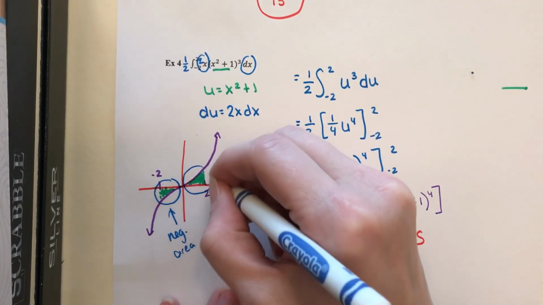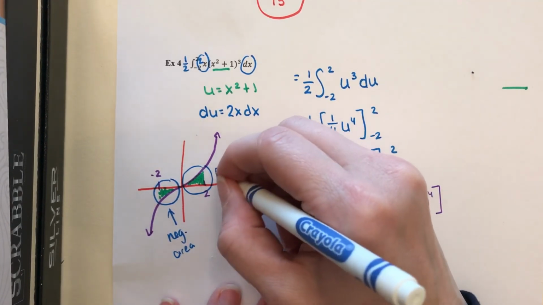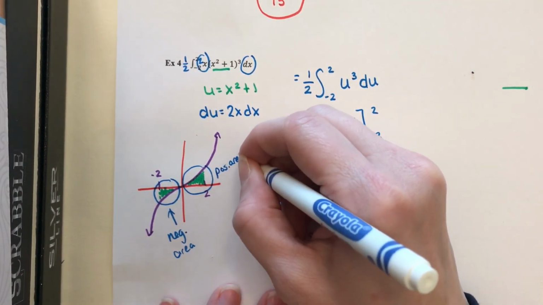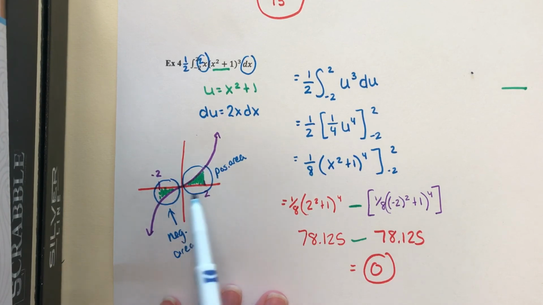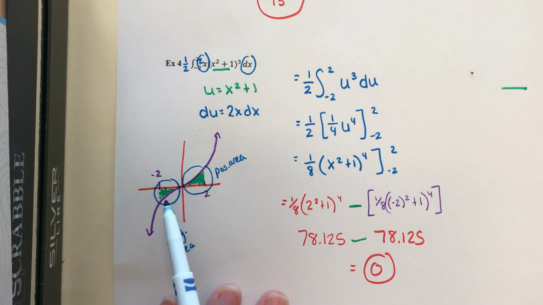And right here, we have the same size, but a positive area. So that's why we got 0. This region here, 78.125, that's the negative area. And this is positive 78.125. When we go to add those areas together, that's why our answer is 0.